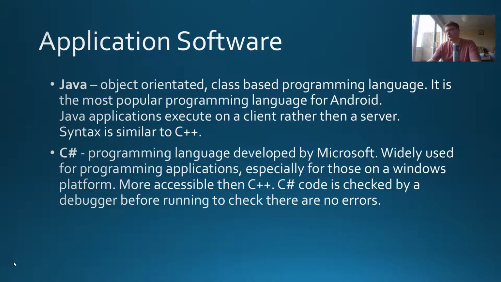And Java is an object-oriented, class-based programming language, and it's about 20 years old. It's reasonably popular still, and it's quite similar in terms of the way it works to C++.